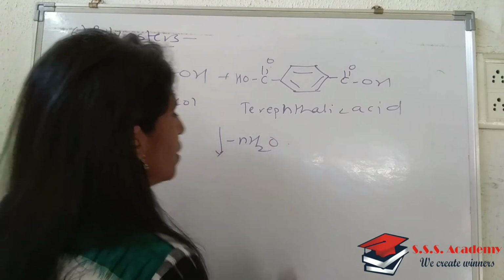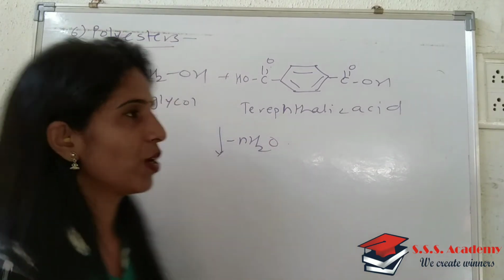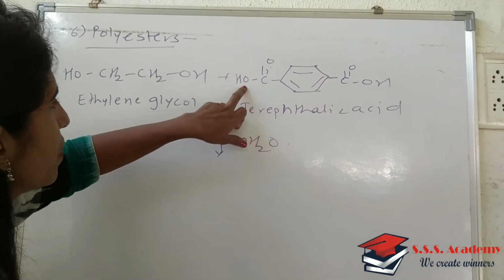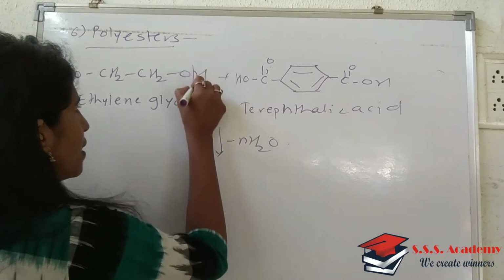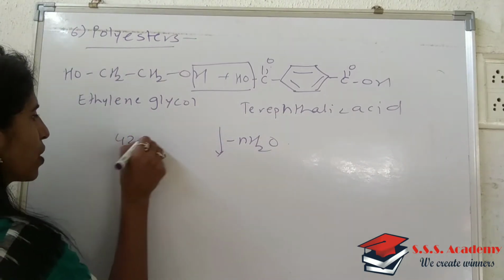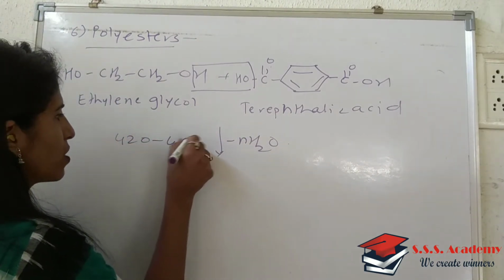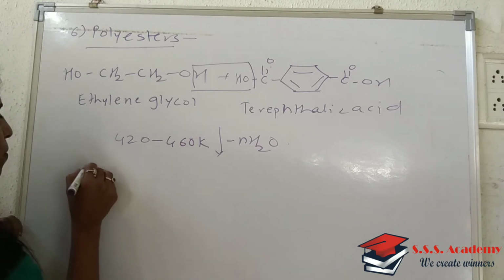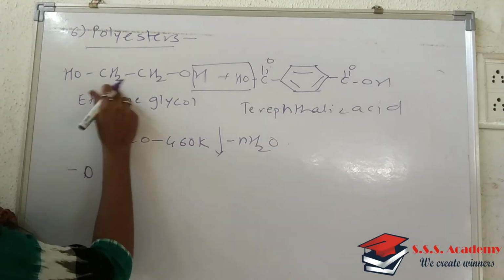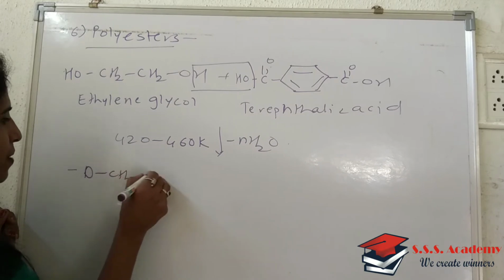What next you will do is, the water molecule, that is OH from this, OH from this and H from this, undergoes removal. So it's minus nH2O. Temperature condition is 420 to 460 Kelvin, and therefore, see, this hydrogen will go. So you will write oxygen, then CH2 as it is.